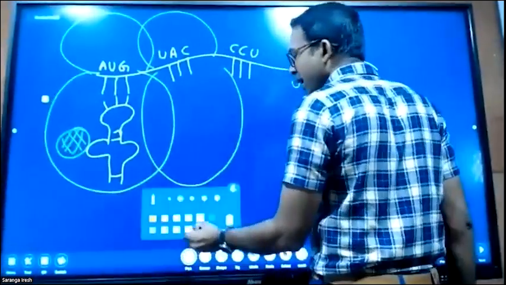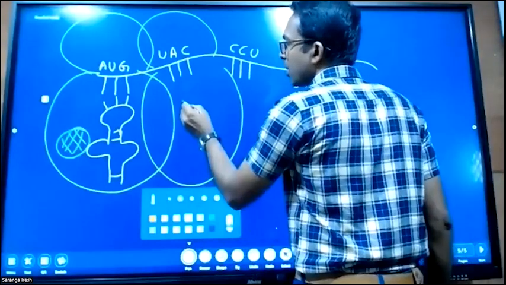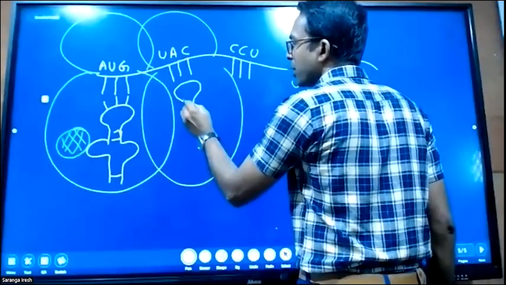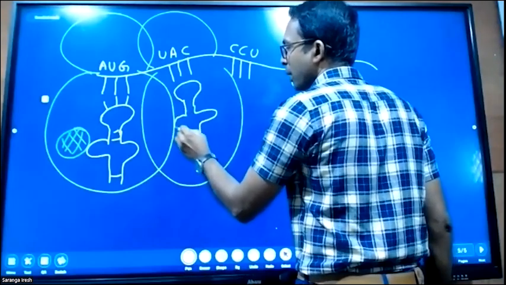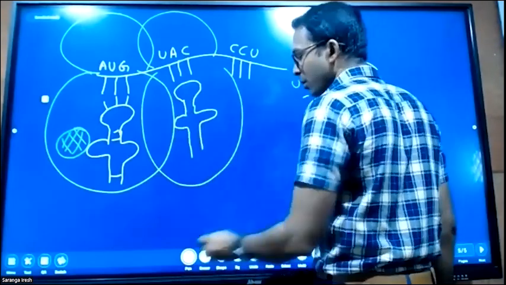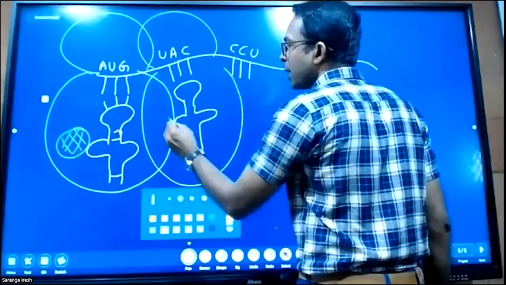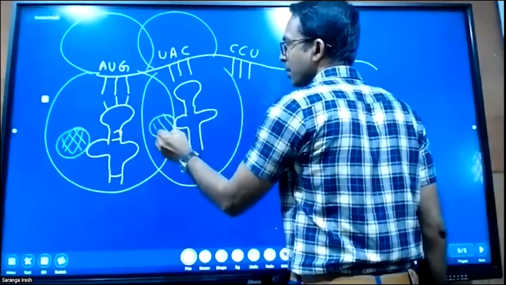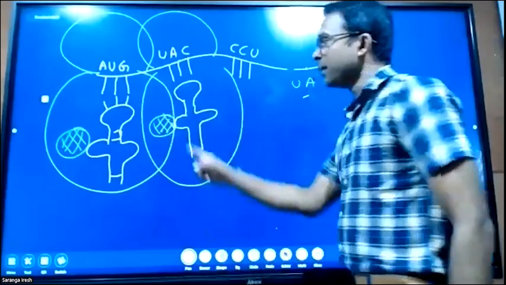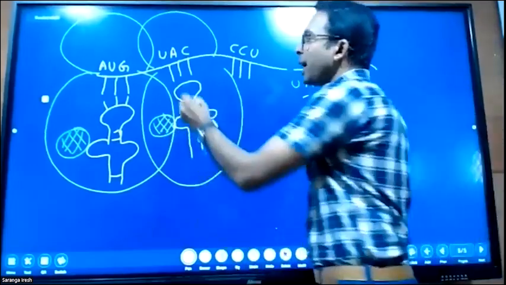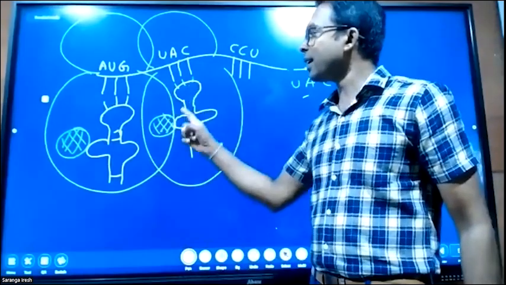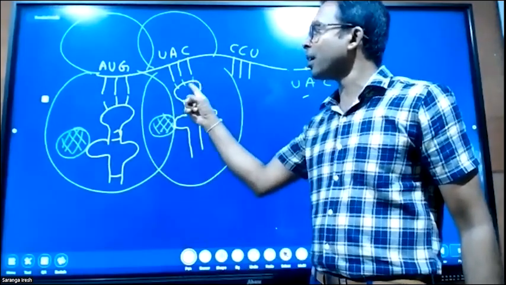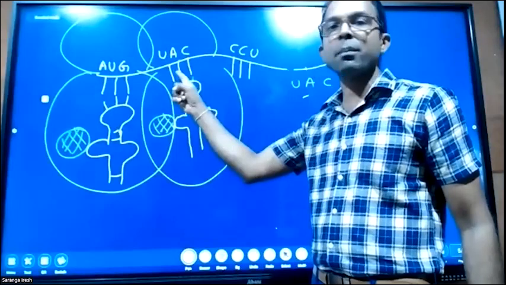Then another tRNA comes to the ribosome, according to the complementary base pairing of the codon and anticodon, and it carries another amino acid. This amino acid is determined by the anticodon. Then which anticodon connects to the mRNA is determined by this codon.